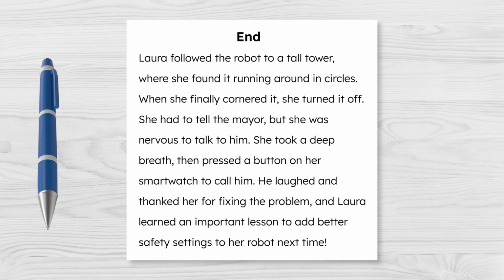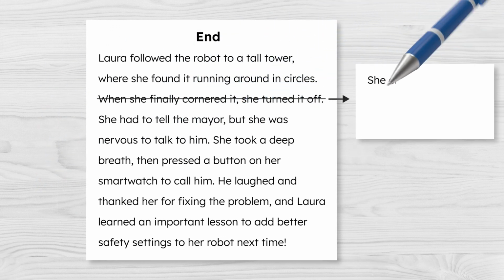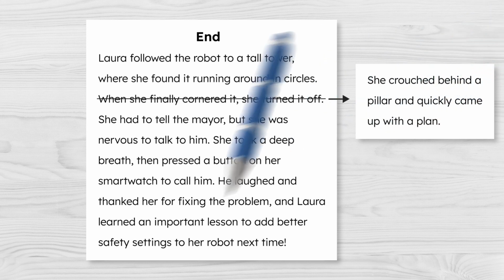So for this part, I'm going to add details about Laura being clever, not by saying it directly, but by showing it through her thoughts and actions. I'll cross this part out and write, she crouched behind a pillar and quickly came up with a plan.